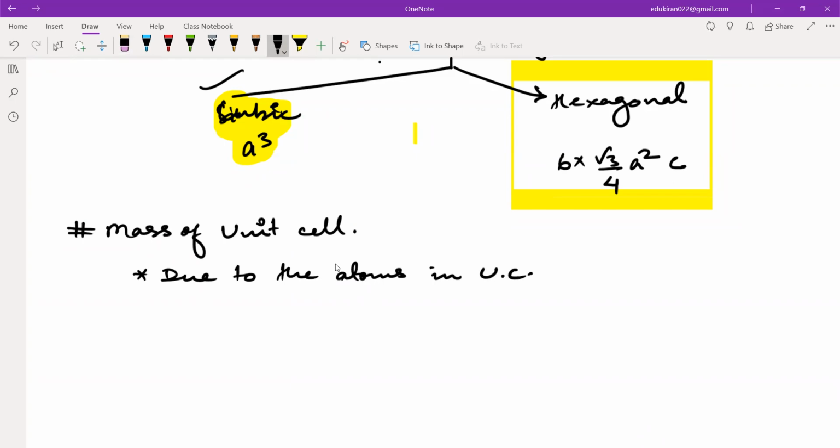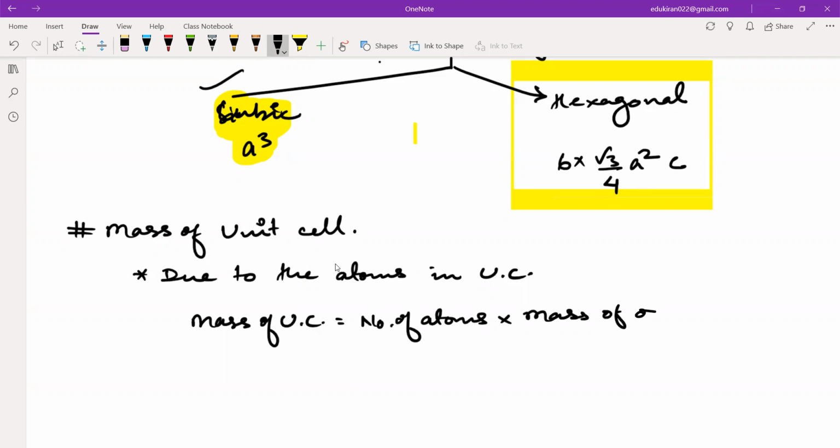So the mass of unit cell will be number of atoms into mass of atom. Right? Yes or no? Mass of unit cell will be equal to the number of atoms into the mass of one atom. And the number of atoms, we have a letter for it, that is Z.